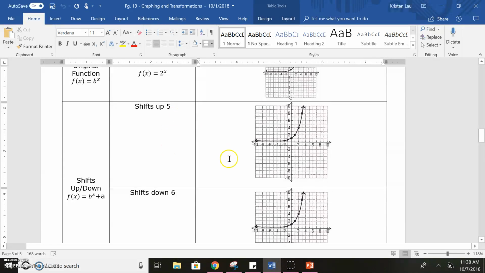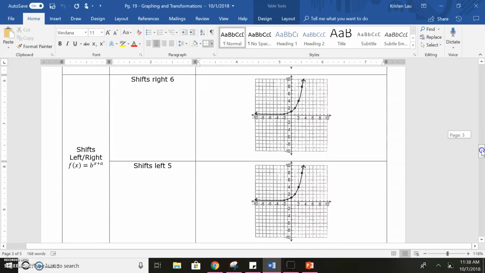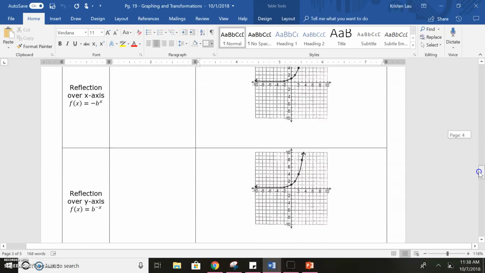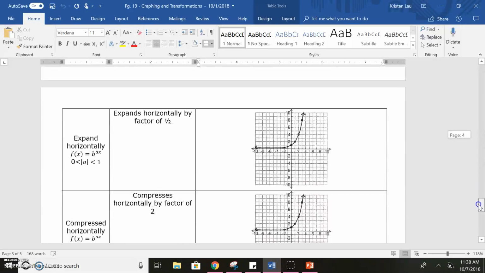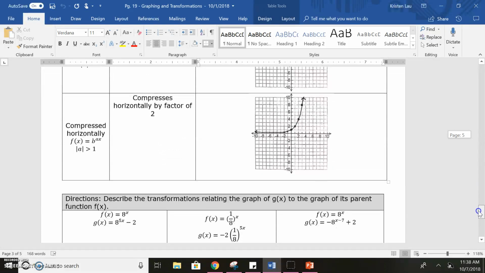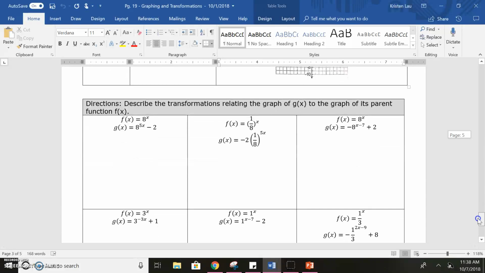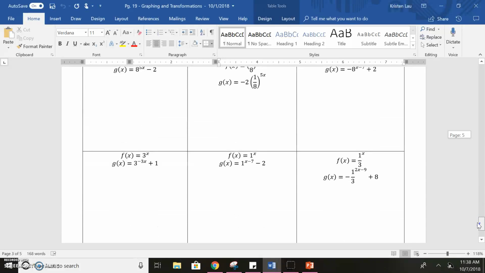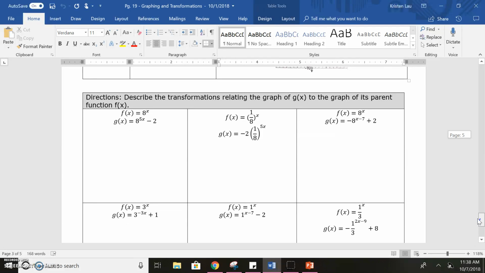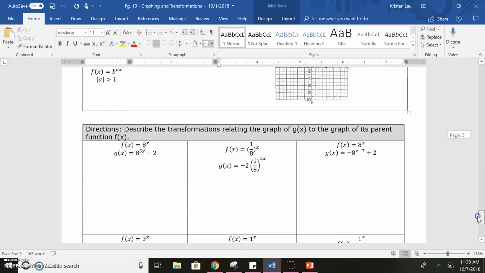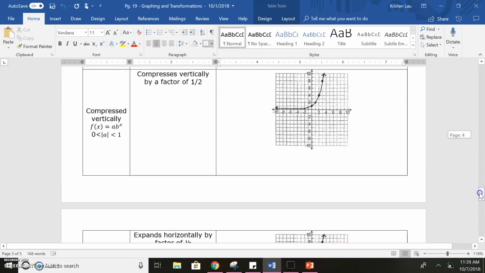So when it shifts up 5 or shifts down 6, what does that look like? And then it shifts left or right. Reflection over x-axis, y-axis, expand vertically, compressed vertically, expand horizontally, compressed horizontally, and then there's just some questions at the back, so you're just going to describe the transformation. Does it move up, down, left, right, compressed, expand horizontally or vertically, etc.